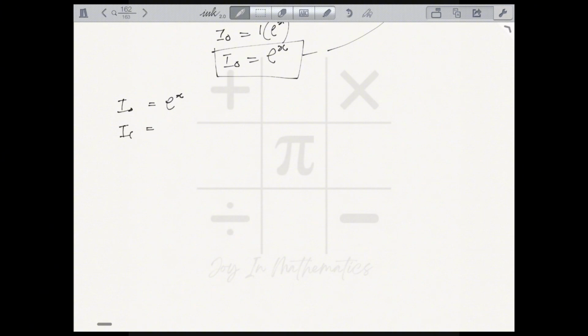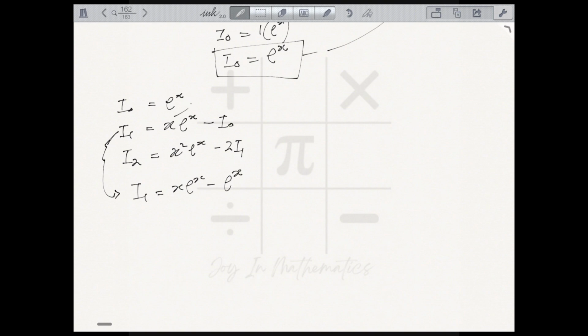The expression for I1 is x exponential x minus I0, and the expression for I2, which is the question itself, is x squared exponential x minus 2 I1. So let us evaluate I1 now. I1 is equal to x exponential x minus I0, and I0 is exponential x.